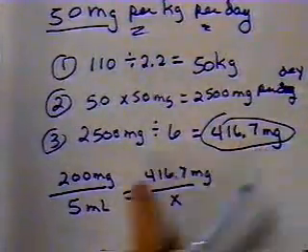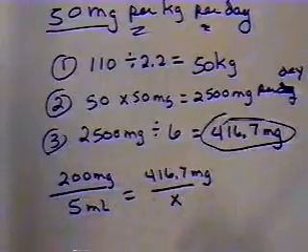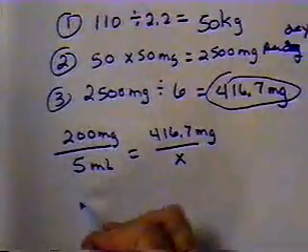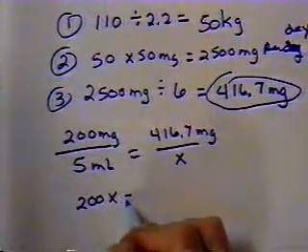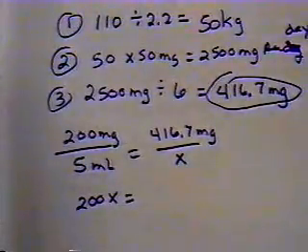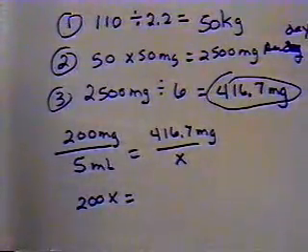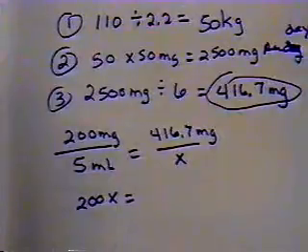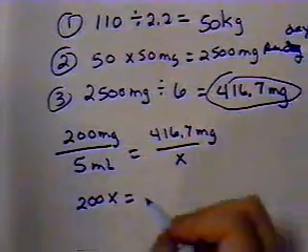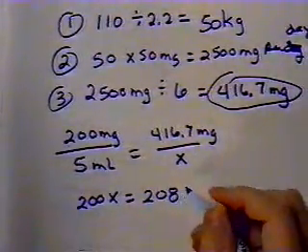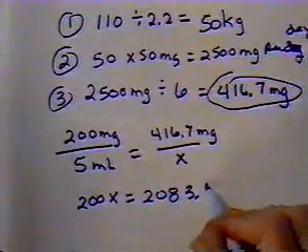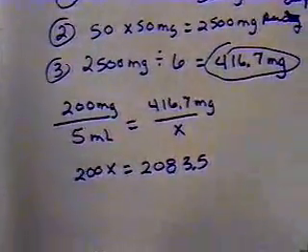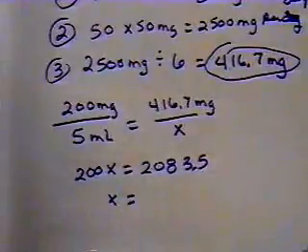This was milligrams, and this is milligrams. So 200x is 5 times 416.7. And then divide that by 200.